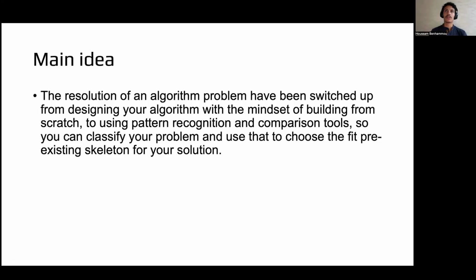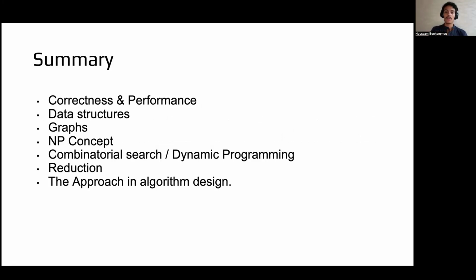And through our discussion, we're going to go just over the main or necessary pillars so we can have a concrete vision of this idea. In this presentation, we're going to talk about correctness and performance for an algorithm, what that means, and data structures. Then we're going to talk about graphs and their use cases.